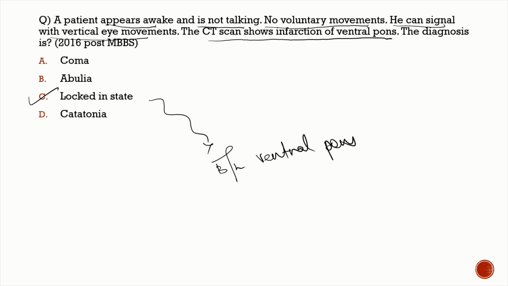In this condition, the patient is going to be quadriplegic with bilateral corticospinal tract signs. However, the patient will be awake, but won't be able to respond to any sort of stimulus. However, vertical eye movements will be intact because vertical eye movements are controlled by the midbrain, whereas horizontal eye movements are controlled by the pons. So the only movement the patient will be able to do is vertical eye movements. So bilateral ventral pontine lesion, locked in state.